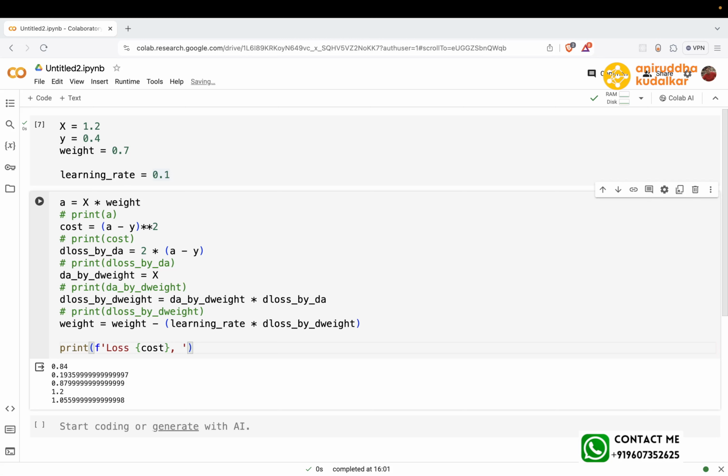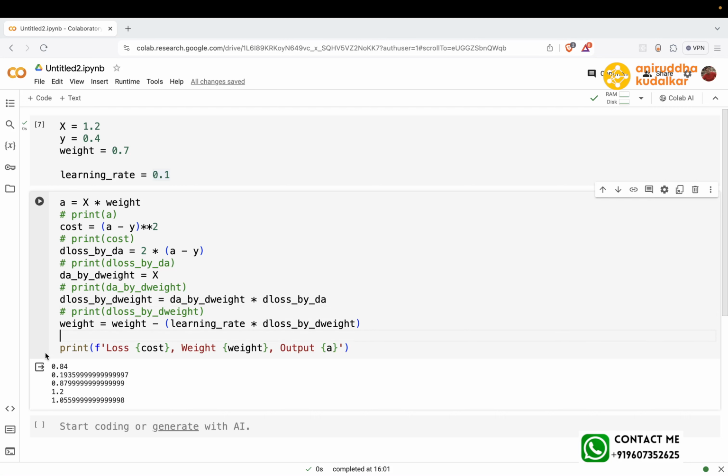Then we can print weight, which is nothing but the weight, and then we need to print output activation. Output is nothing but A.